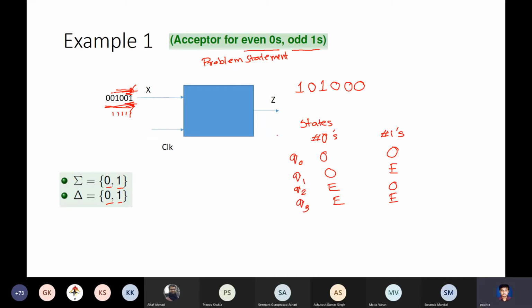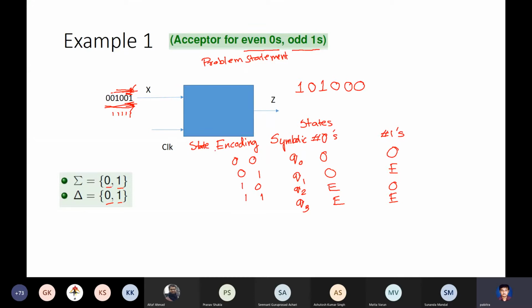Note that this is a symbolic representation of the states. I can as well have an encoding of the states. Since there are 4 states, 2 bits will be required. I can do a state encoding like this.